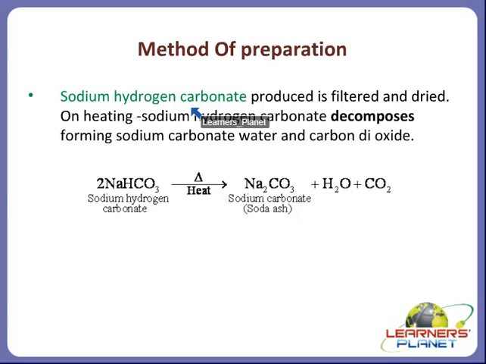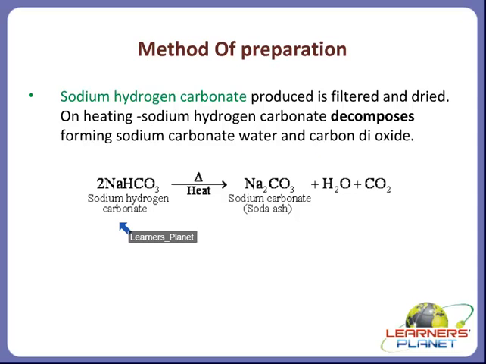The sodium hydrogen carbonate produced is filtered and dried. Right? On heating sodium hydrogen carbonate, what happens? On heating, sodium hydrogen carbonate decomposes, forming sodium carbonate, water and carbon dioxide.